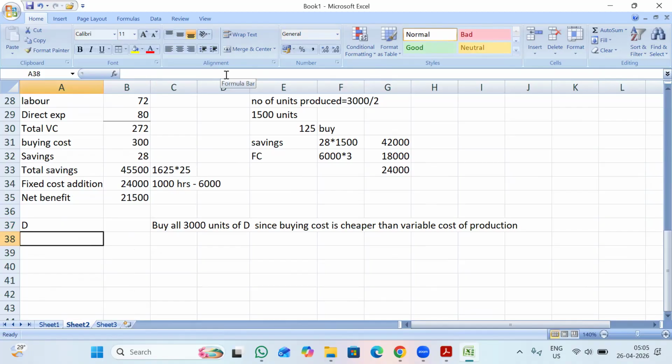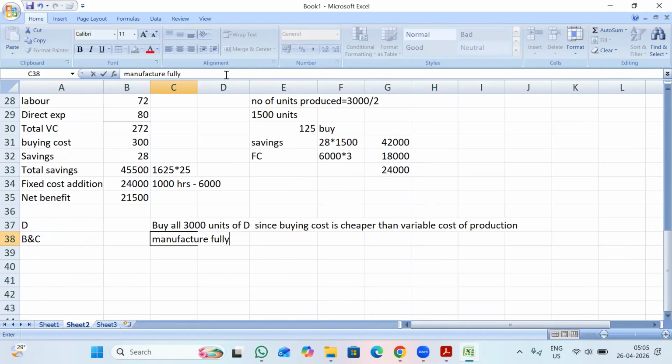So let's move on to B and C. It is better to manufacture the full requirements, so manufacture fully. And for A, 1,500 units are to be produced in the second shift.